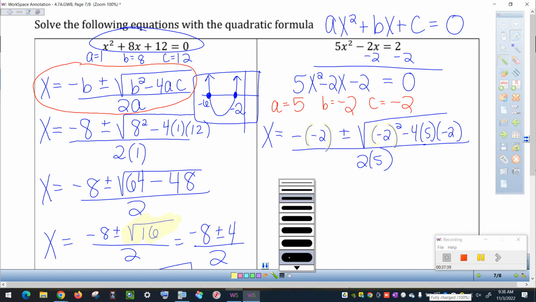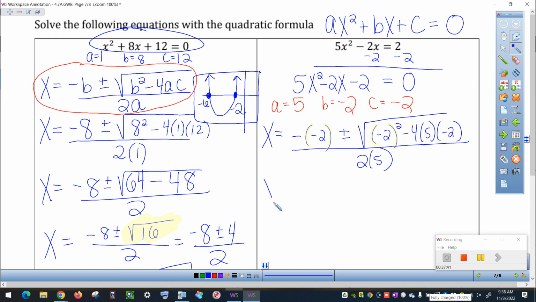All right, so now let's start to think about simplifying this. So this is going to turn into a positive 2 in the very front, it's going to be a 10 on the bottom. And then inside of our square root, this is a place where we want to be careful. So it's going to start off the -2 squared, -2 times -2, so that's going to turn into positive 4. Now here's what's interesting.